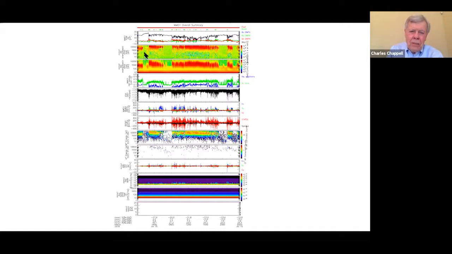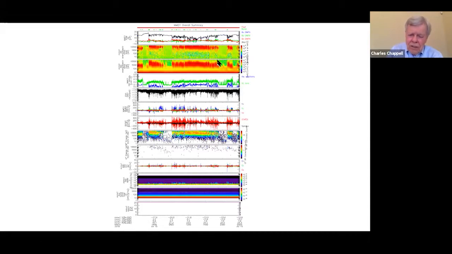So it's transitioning from plasma sheet to lobe to plasma sheet to lobe to plasma sheet. And we're going to look at this one in a little more detail. What you can see here is that when you go into the lobe, the energy drops from 1 to 10 keV down to about 10 to 100 eV. So these are lobal winds.